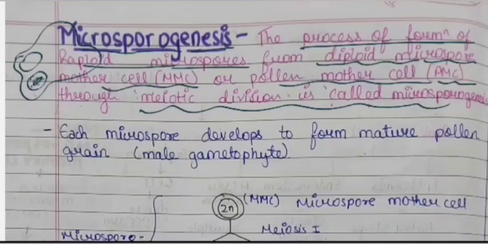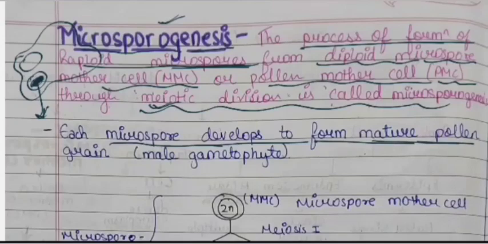As we have seen, the sporogenous tissue present here consists of pollen mother cells, in which meiotic division takes place, and with the help of this division, haploid microspores are formed. This process is known as microsporogenesis. Then each microspore further develops to form a mature pollen grain, that is the male gametophyte.